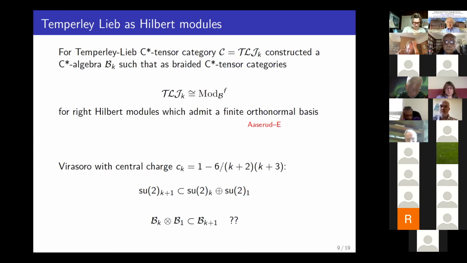I mean, there's always been this problem about trying to get a direct link between Virasoro and Temperley-Lieb without going through all that extra structure. That's what I'm really posing here, rather than something independent, just some direct link between this Temperley-Lieb picture here and Virasoro.